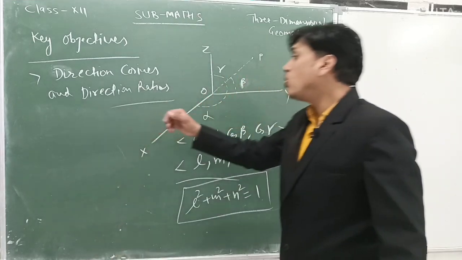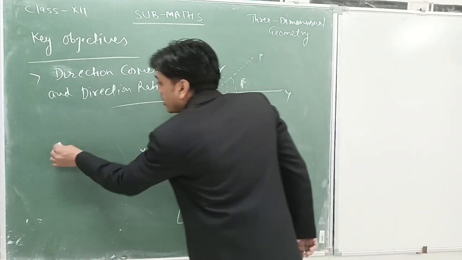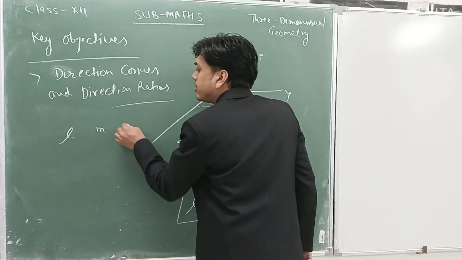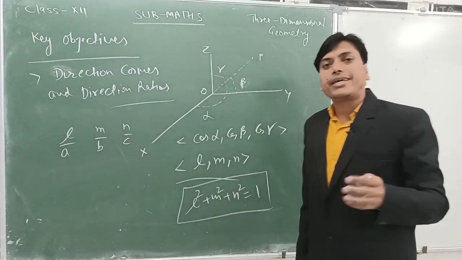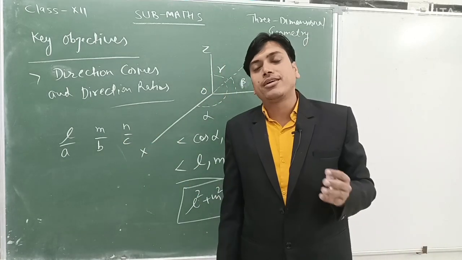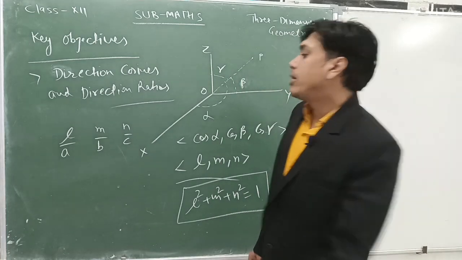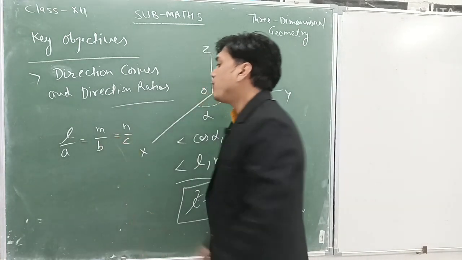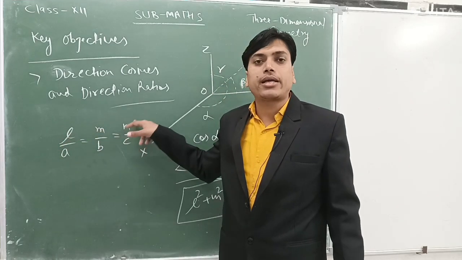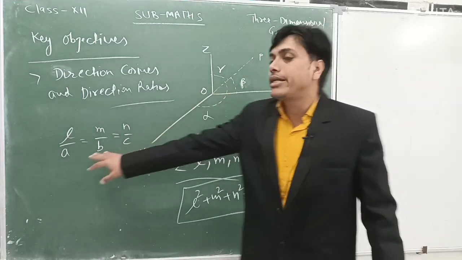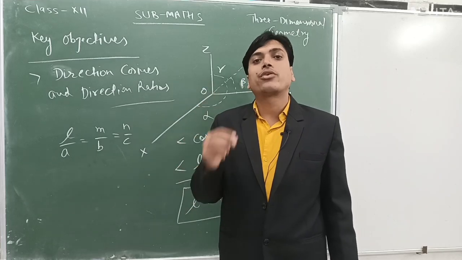Fine. Now, what are the direction ratios? For every l, m, n, there will be three values a, b, c. If we divide l, m, n by a, b, c respectively and the values are equal, then if l, m, and n are the direction cosines of any line, then a, b, c will be the same line's direction ratios.